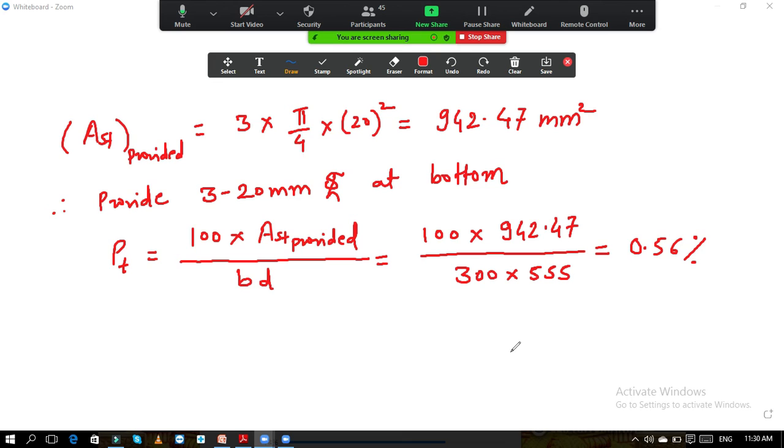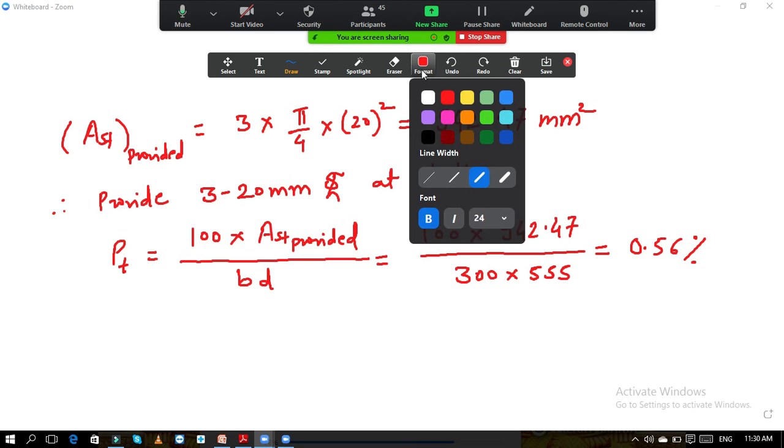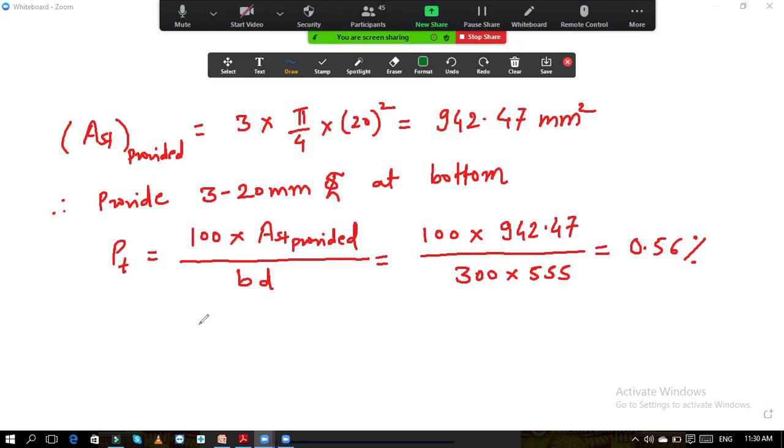And based on the bending moment value ME1 we have designed the bottom bars, that is 3 bars of 20 mm diameter at the bottom, and for that we have calculated the percentage of steel. So this completes your part of longitudinal reinforcement. Now we will go to equivalent shear reinforcement. So we will calculate now equivalent shear.